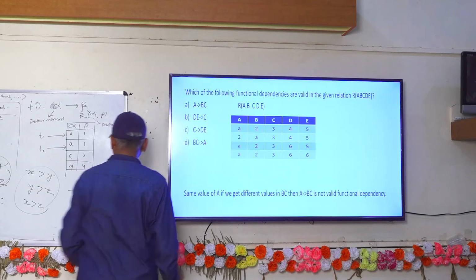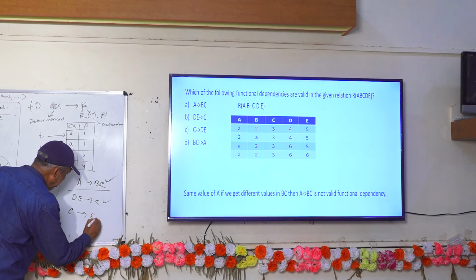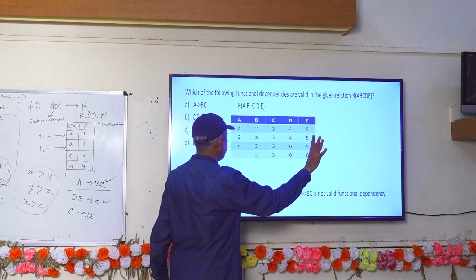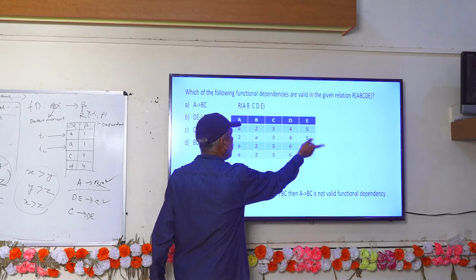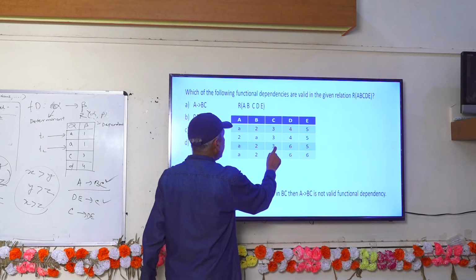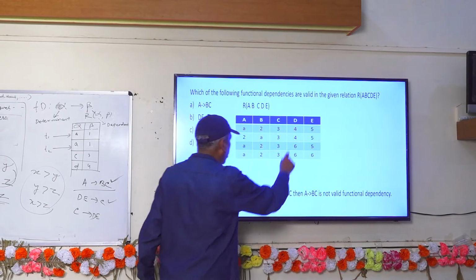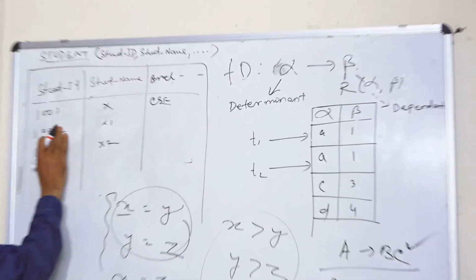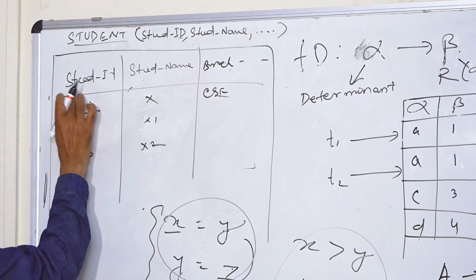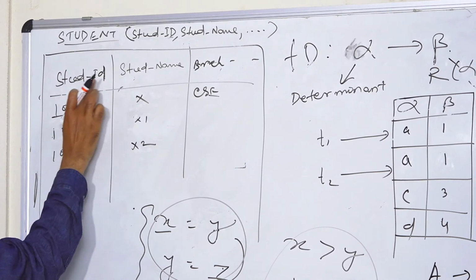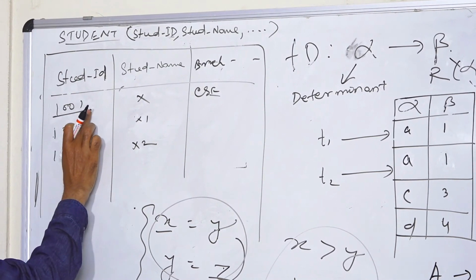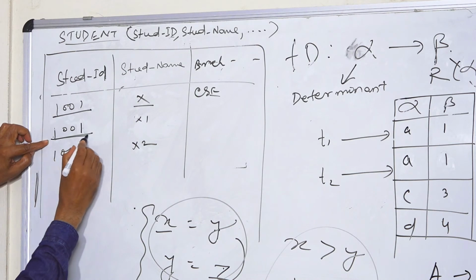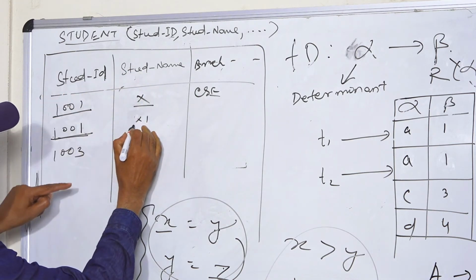Then come to C produces DE. Now C produces DE, 4, 5, 5. Then C produces DE, 5. It is also a valid statement. But C, 3 produces 6, 5. It is wrong. Suppose for example, the student ID or registration number is 1001, and the name of the student is X. Again, the student ID is 1001, and the name of the student is X1.